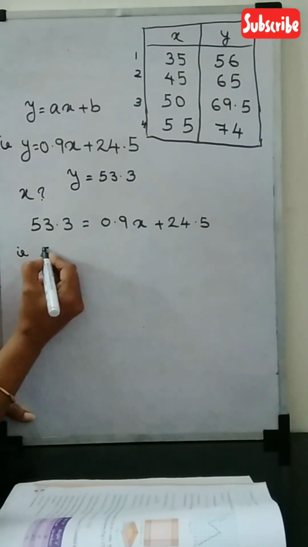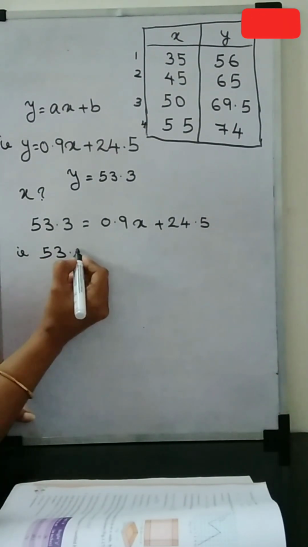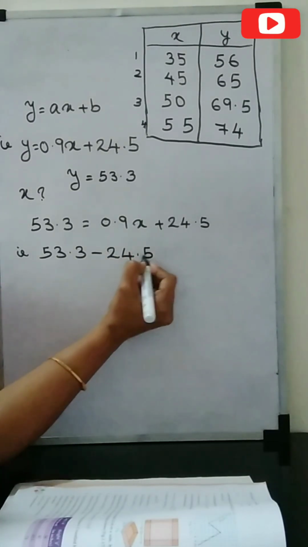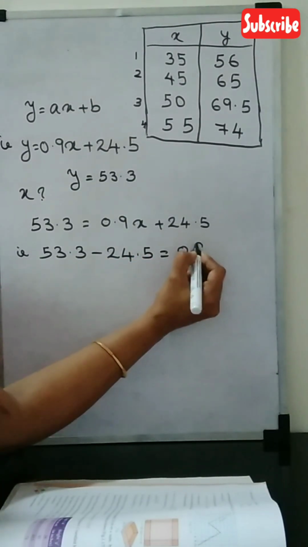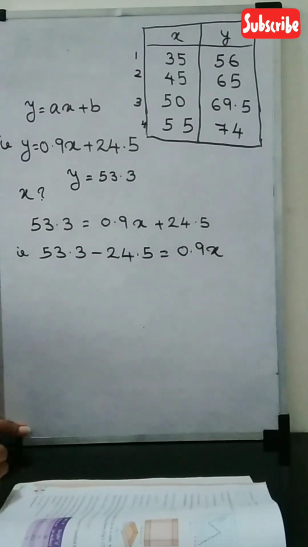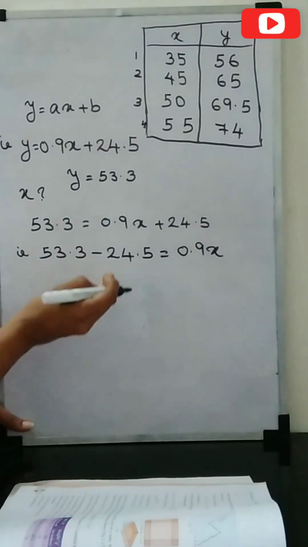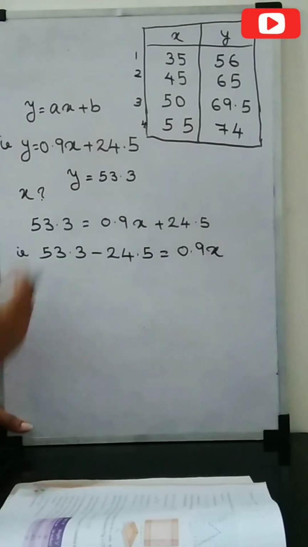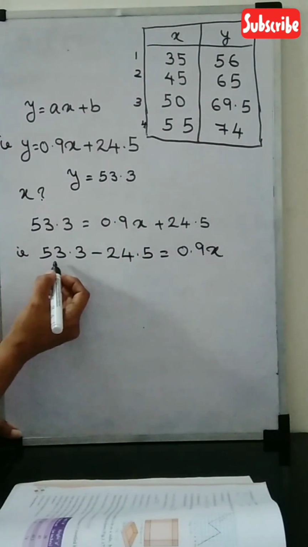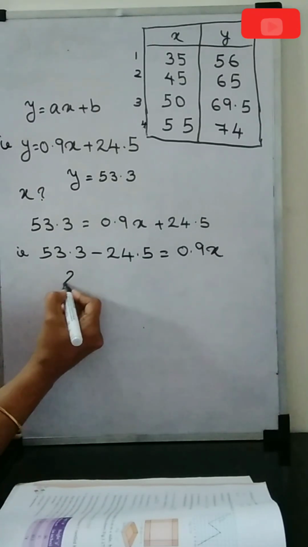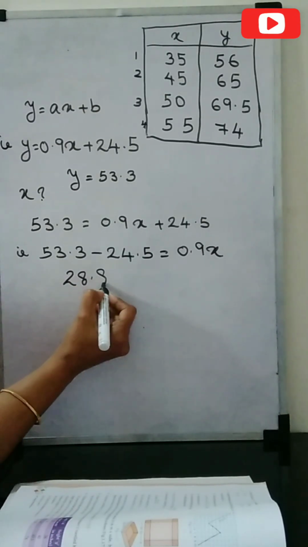That is 53.3 minus 24.5 is equal to 0.9x. Okay, when this 24.5 is brought to the left hand side, it becomes minus 24.5. Now what is 53.3 minus 24.5? It is 28.8.